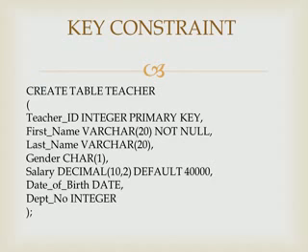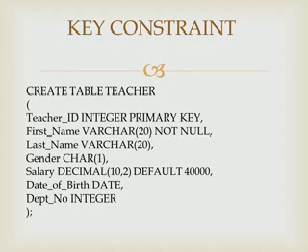Whenever this table is created and the data entry is done for every teacher of that particular organization into this table, the teacher ID is a compulsory field and has to be mentioned.